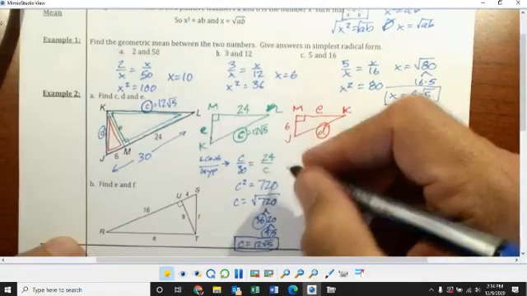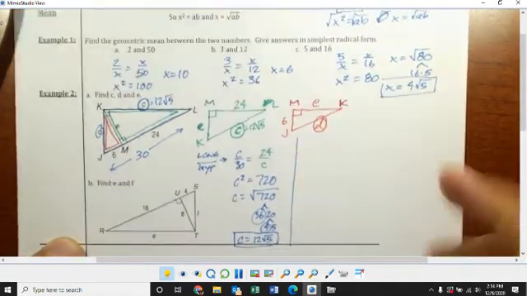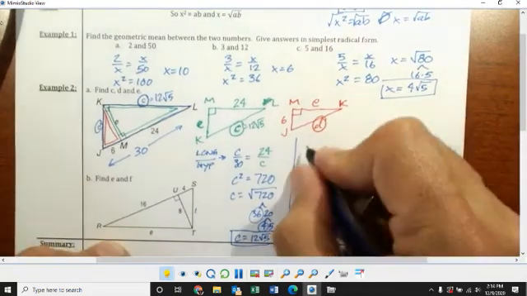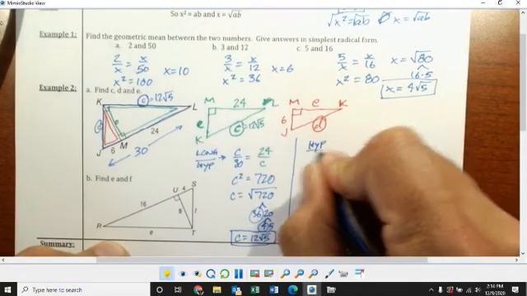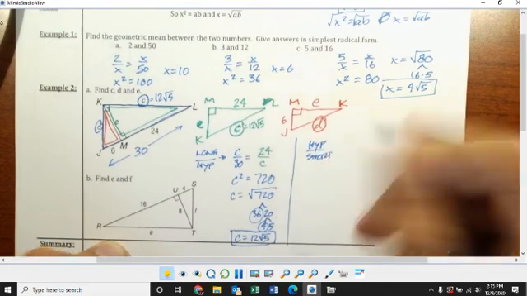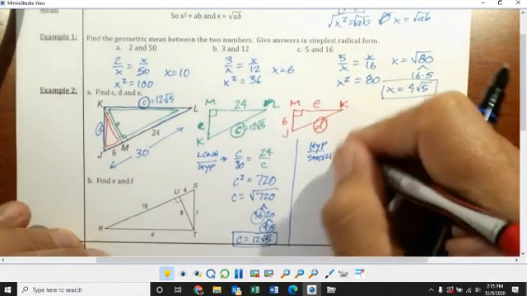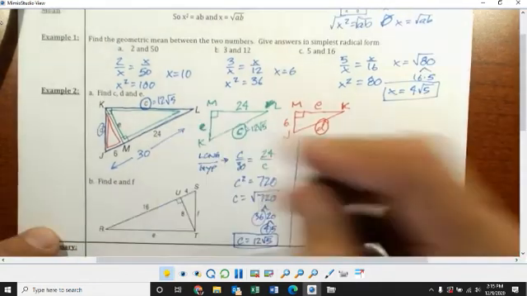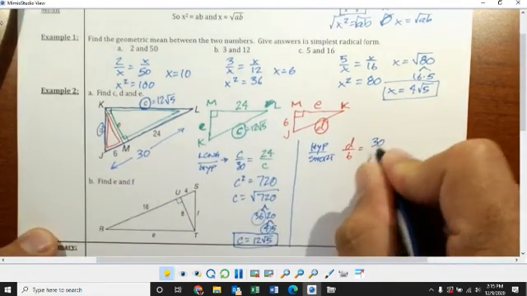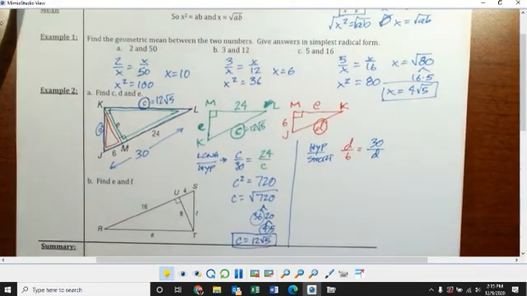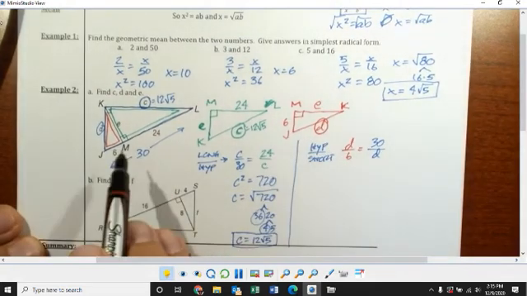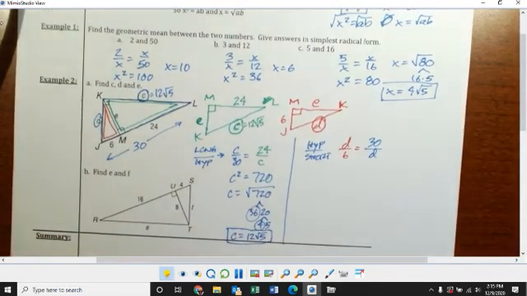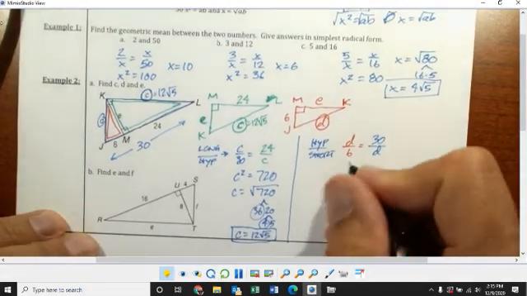So for D, I'm going to do hypotenuse over short side. Hypotenuse over short side is D over 6. And over here in my large triangle, hypotenuse is 30, short side is D. So hypotenuse over short side, hypotenuse over short side. So there we go. Let's work this out.